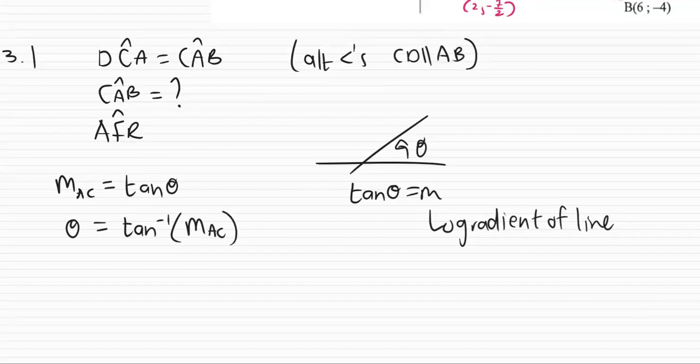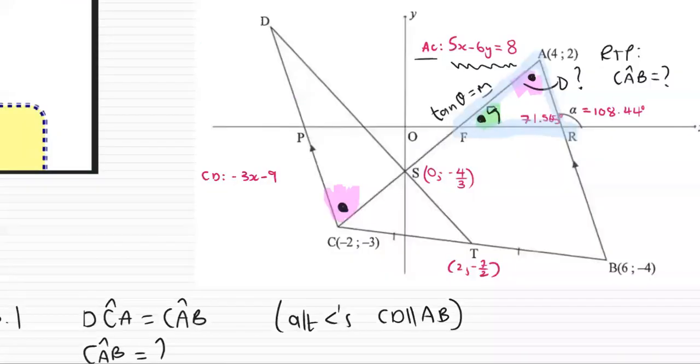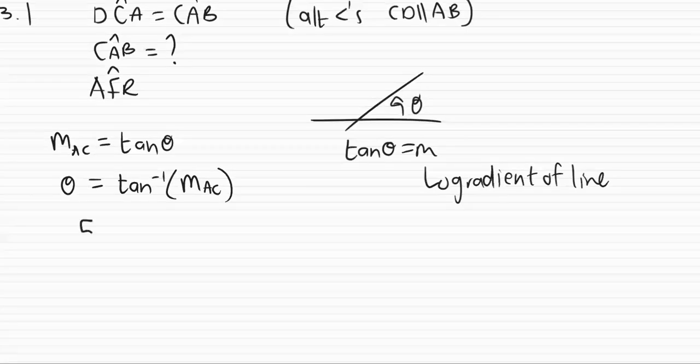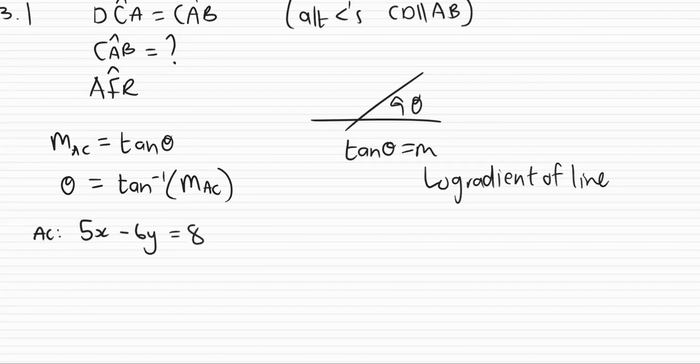All right, we need to quickly grab that formula. AC is 5x minus 6y equals 8. Currently that's not in standard form, so the first thing to do is change it to standard form. We start by minusing 5x on both sides.